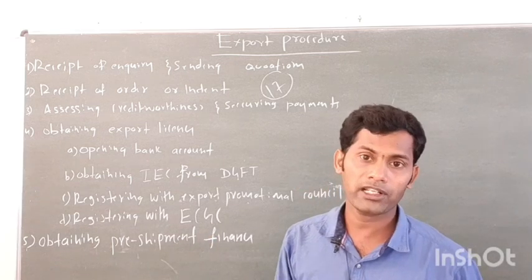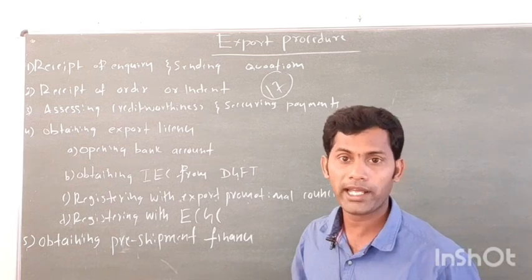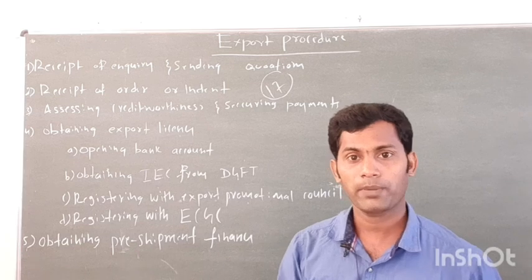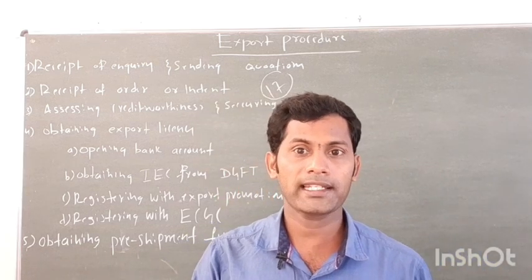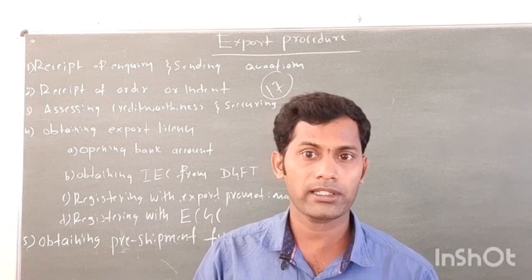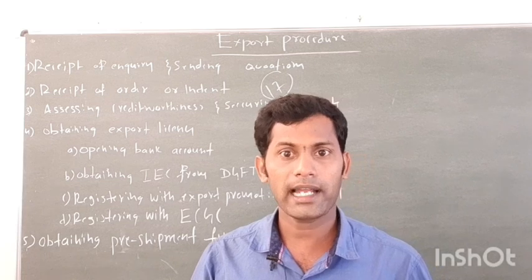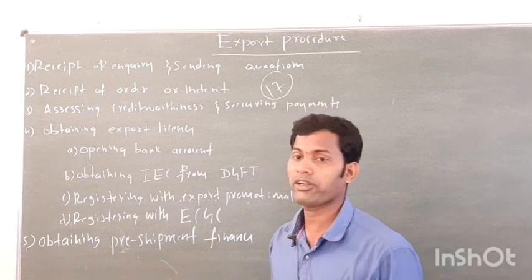So, pre-shipment finance means what? Some part of amount that should be given to the exporter for purchase of raw materials or purchase of component or packaging materials or any preliminary expenses. For conducting that activity, he needs some money. So, he goes for pre-shipment finance.